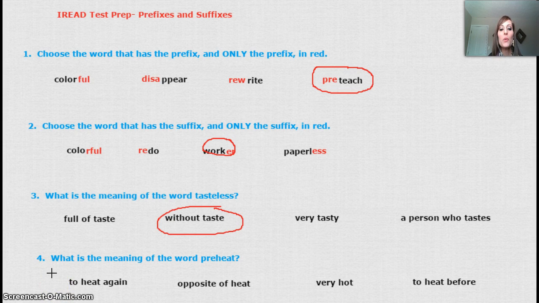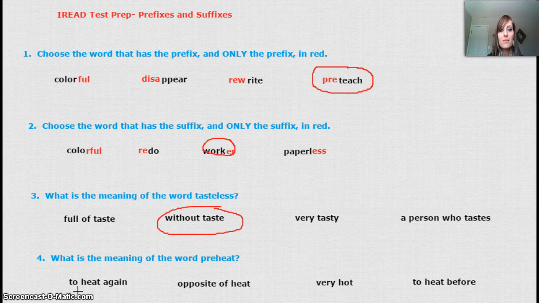Number 4. What is the meaning of the word preheat? Again, ask yourself, what's my root word, the real word that I began with? Heat. What got added to heat? Pre got added to heat. Pre means before, just like prefix. So let's see what preheat means.